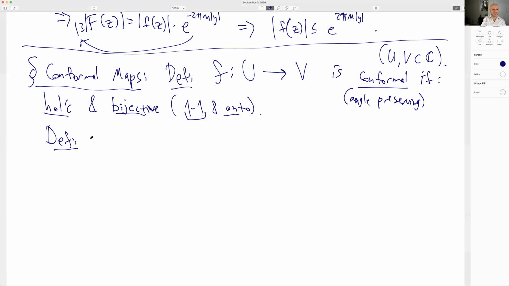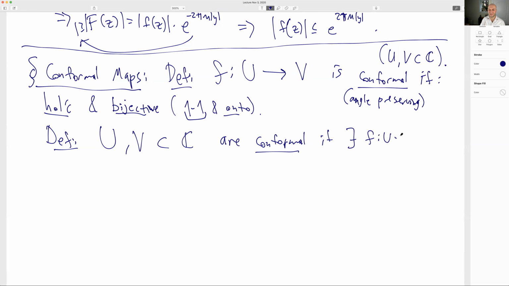Because we want a definition that two sets, U and V, subsets of the complex plane, are conformal. We're moving away from analysis into geometry, or rather topology, as you'll see. Two sets are conformal if there exists an F that's conformal between them.